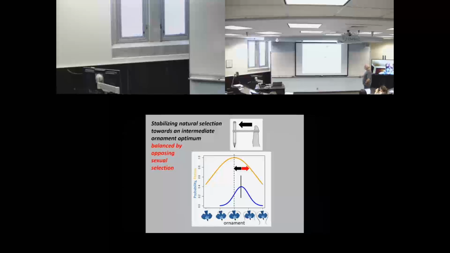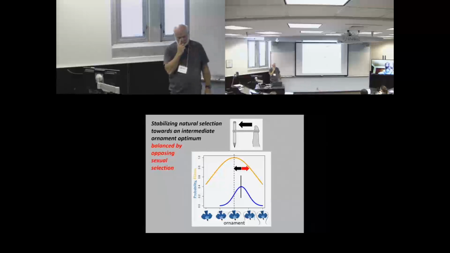Now if on top of that we make the population finite, the population will not just be a steady line, it'll bounce around. And the smaller the population, the more it'll bounce around this equilibrium, which is a balance between sexual and natural selection.